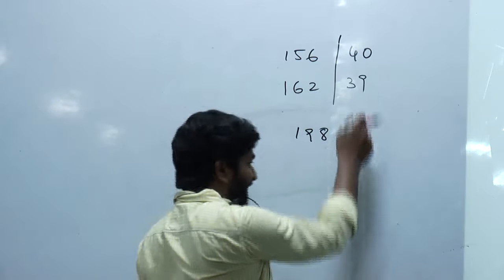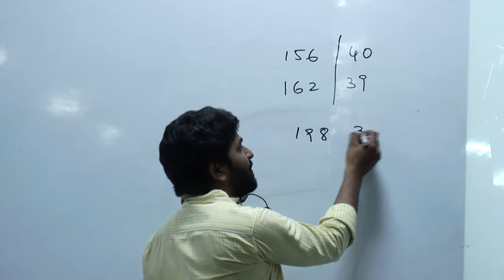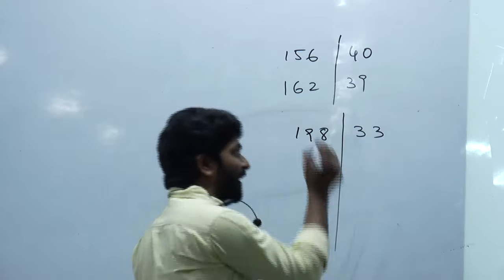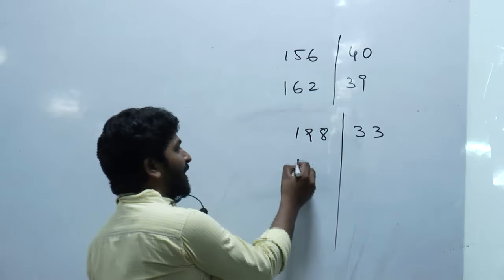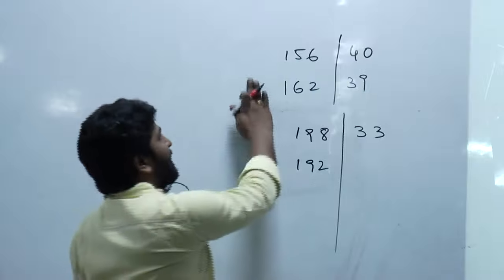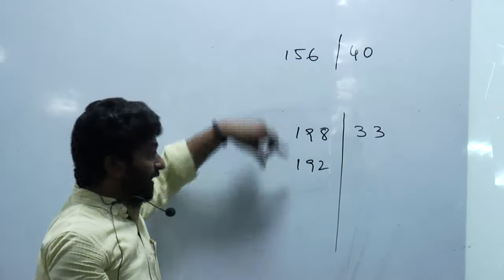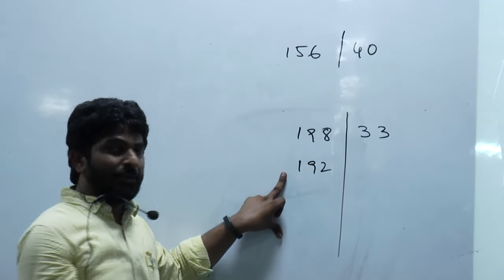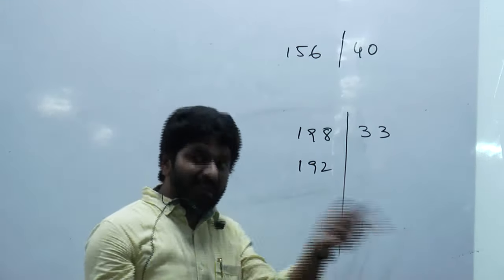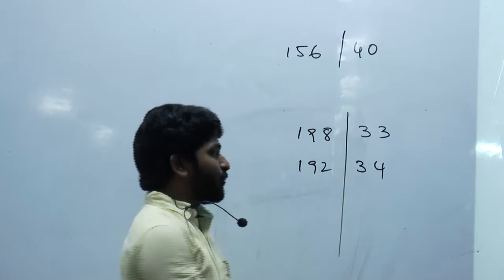So I can sell 7 chairs less than 40, which is 33. I can sell 33 chairs only. Next number 192. Difference between 156 and 192? 36. How many 6s will be there in 36? 6. So I can sell 6 fewer chairs than 40: 34. Next, 204.